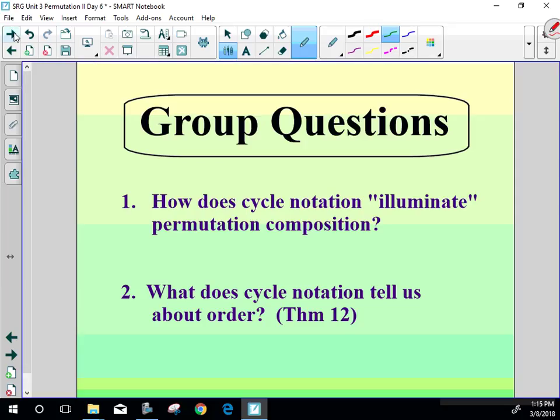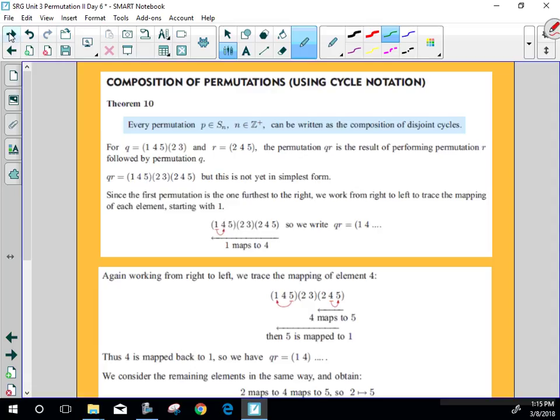All right. So how does cycle notation tell us about permutation composition? This is where it gets ugly. I did so poorly with this last hour, but it's going to go better this time. Every permutation can be written as a composition of disjoint cycles.